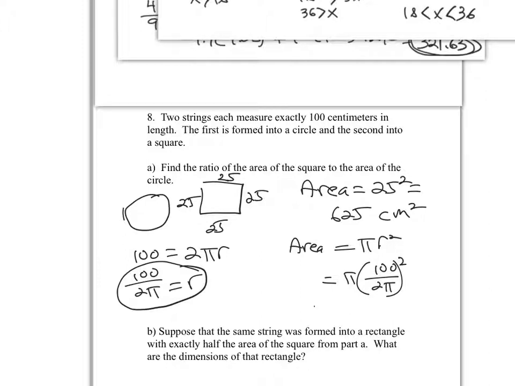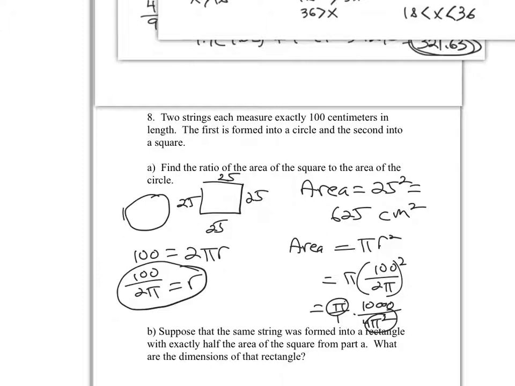So we're going to get it's equal to pi, or pi over 1 if we want to re-represent it that way, times 100 over 2 pi squared, or 10,000 over 4 pi squared.